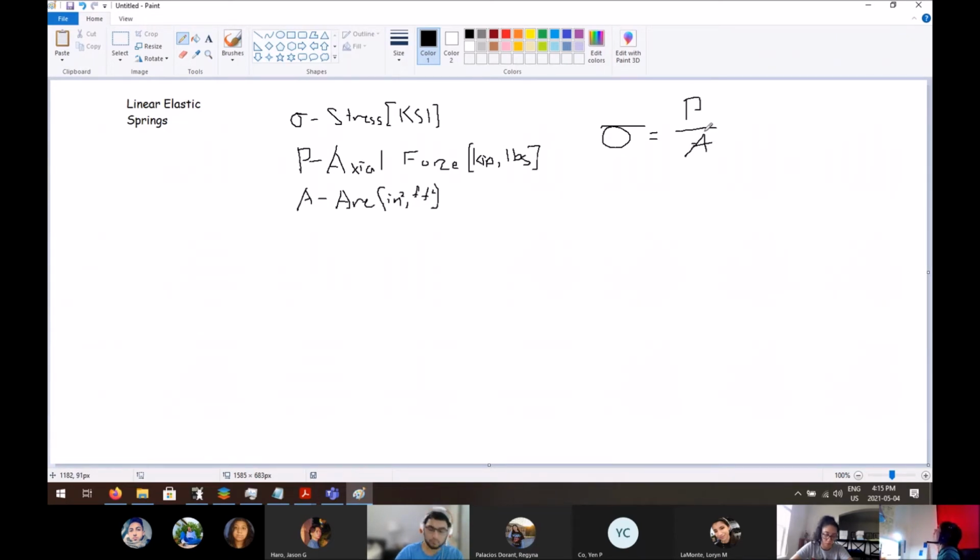Fun stuff. Now what can we do with this? Well, let's get into elastic modulus real quick. We have elastic modulus. Now, what does this mean? This is measured in KSI, kips per square inch. So what is elastic modulus?